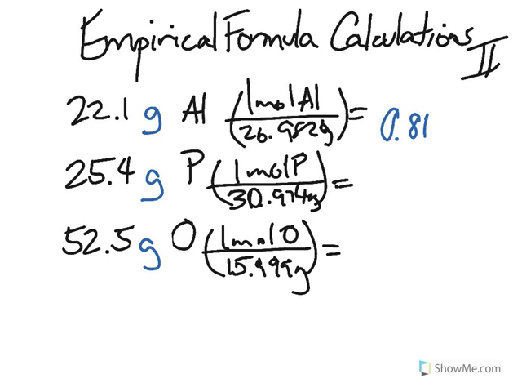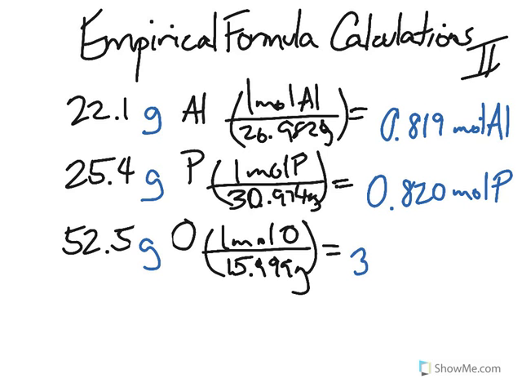So 0.819 moles of aluminum, 0.820 moles of phosphorus that we've calculated, and about 3.28 moles of oxygen that we've calculated.